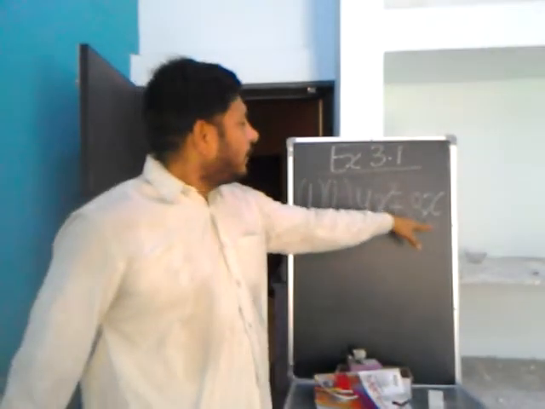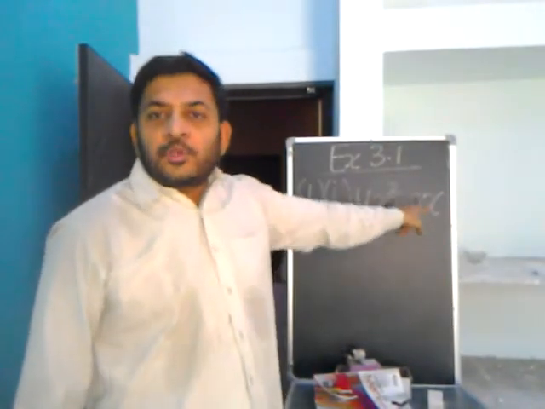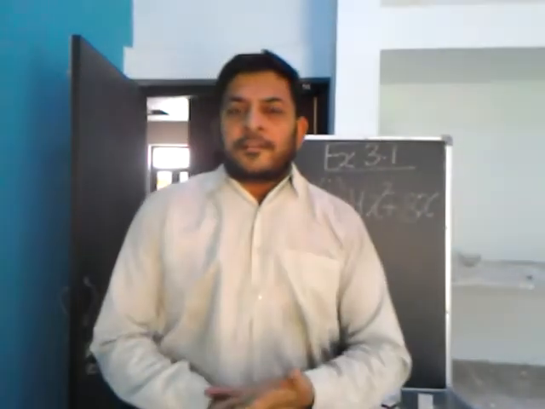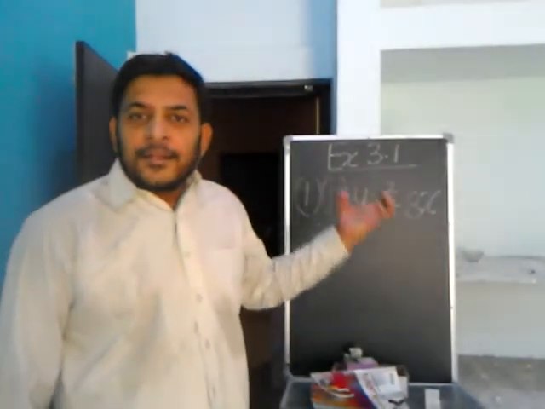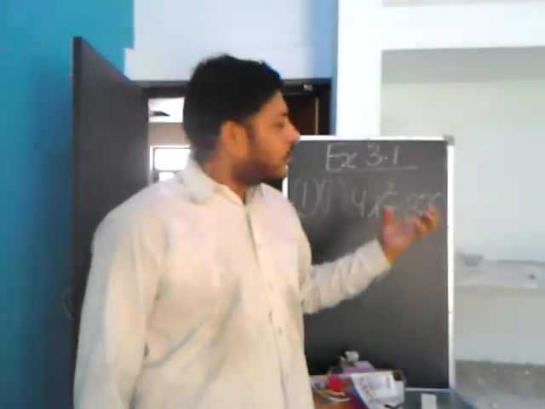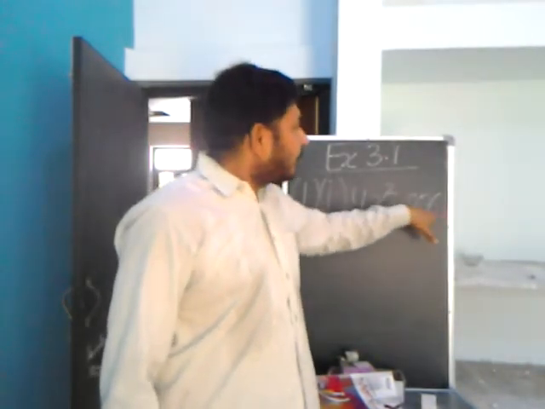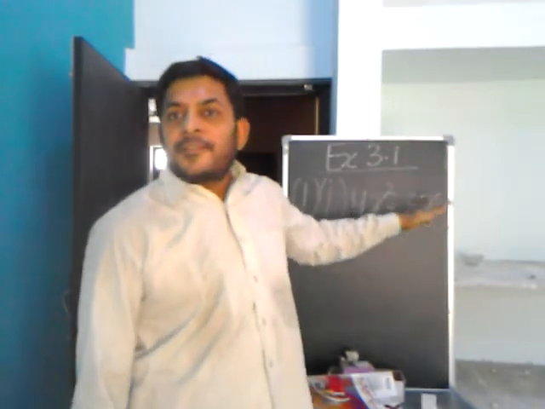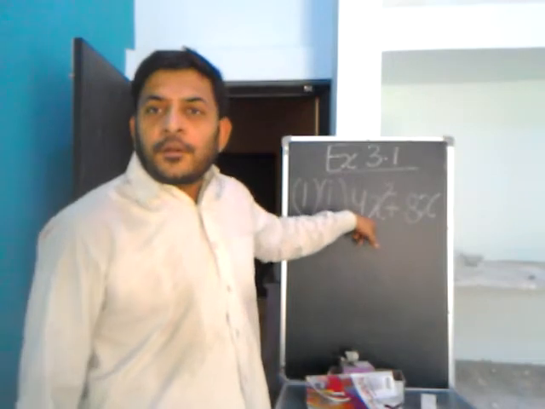First of all, I will find a common factor between these two terms. Because there is no third term, I need not split the middle term, which was supposed to be bx, where b is 8 and a is 4.